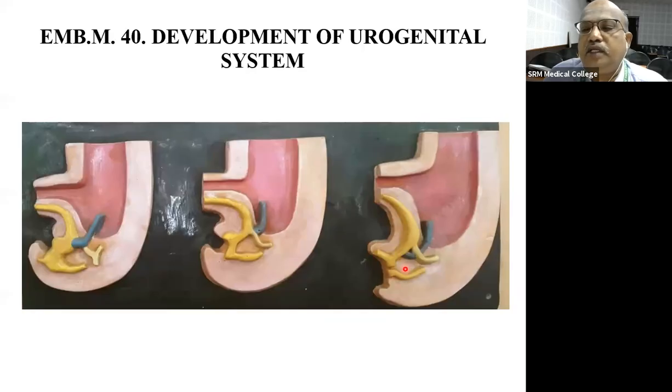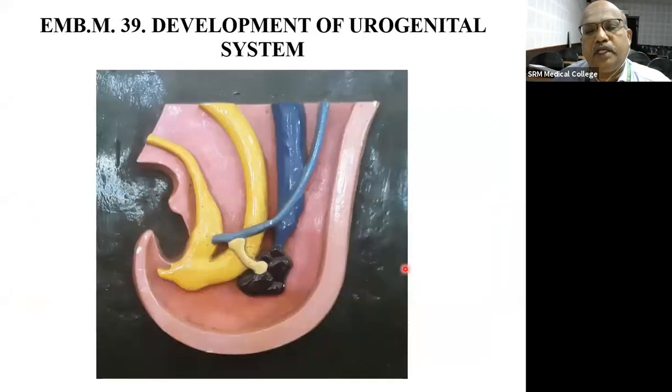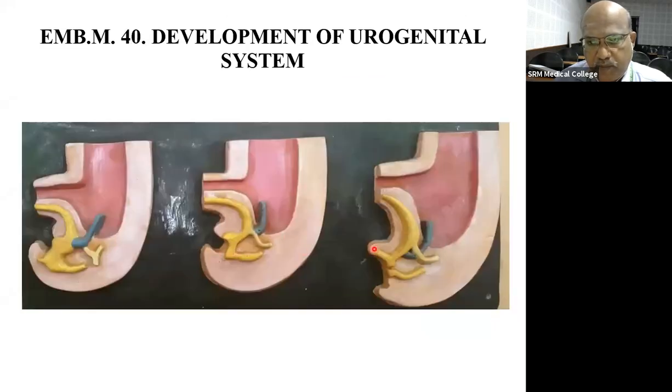In the adult, it is called Denonvilliers' fascia. Okay. Same model, only that the distal end is given. So in this model, here is the initial stage of formation of the urorectal septum. Here complete formation of the urorectal septum is there.